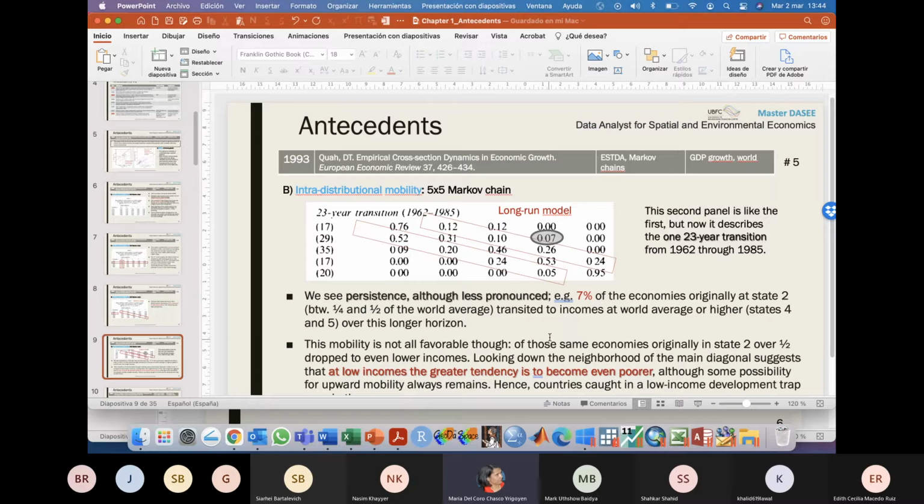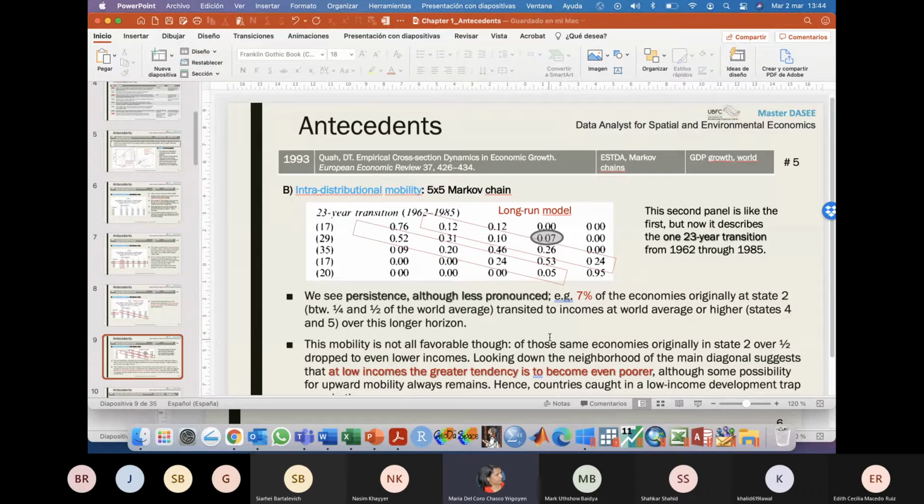Hence, Quah concluded that countries caught in a low-income development trap tended to remain there. So it is very hard. Countries caught in a low-income development trap tended to remain in this trap.